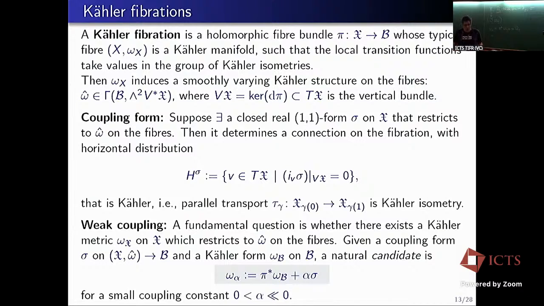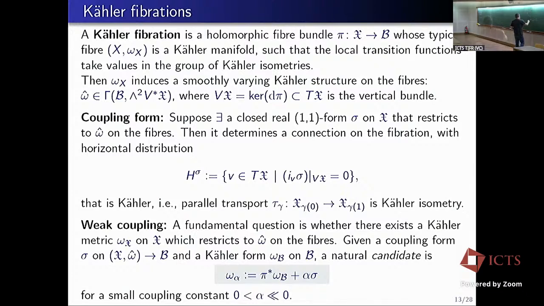And well, it's known that if the base and the fiber are compact, then for very small alpha, this should be a symplectic form, of course. We're not in that situation, but maybe we can still do something. And that's the idea.